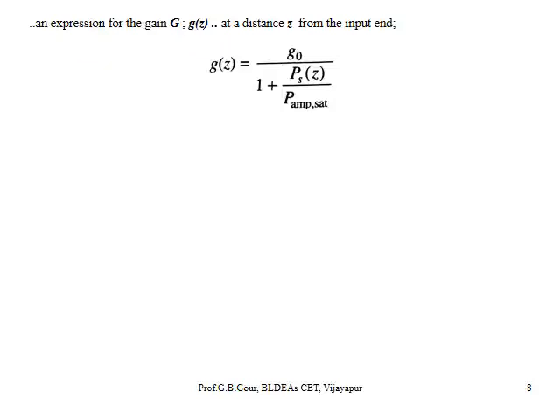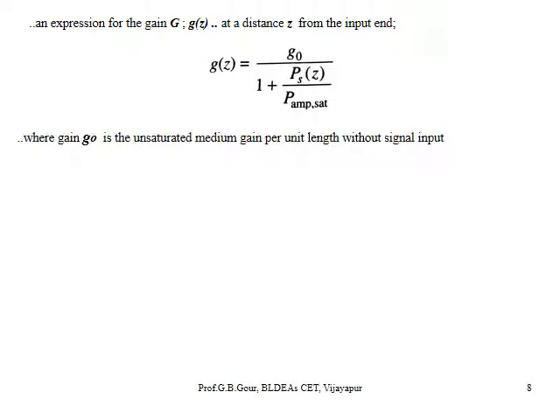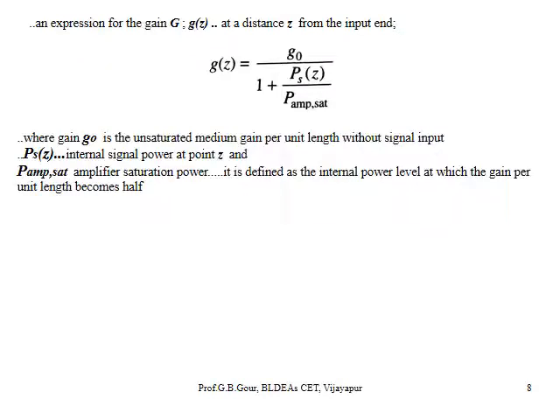Okay, so where G0 is the gain without any signal, PS of Z is the internal signal power at point Z, and P saturated is the amplifier saturation power, that is, the internal power level at which the gain per unit length becomes half. So try to understand the difference between these two. Both are internal only. This is the internal signal power, and this is also an internal power level.